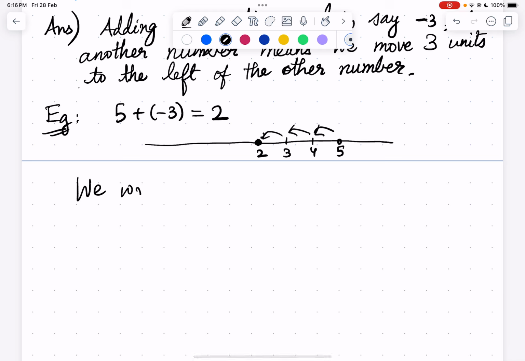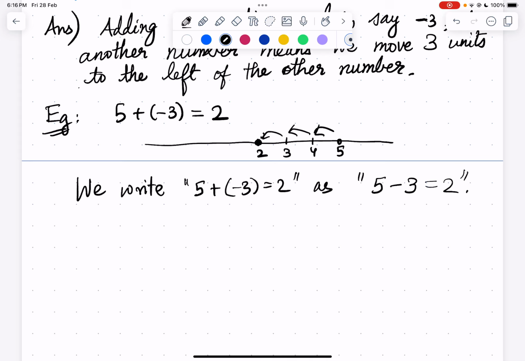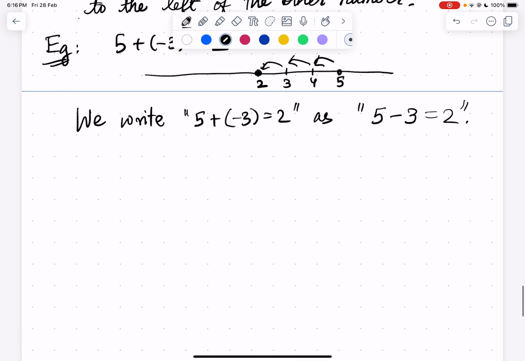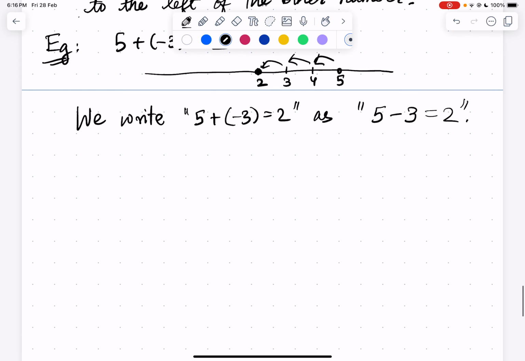We write 5 plus minus 3 equals 2 as 5 minus 3 equals 2 for convenience. Okay. Another example. 5 plus minus 8 is minus 3.